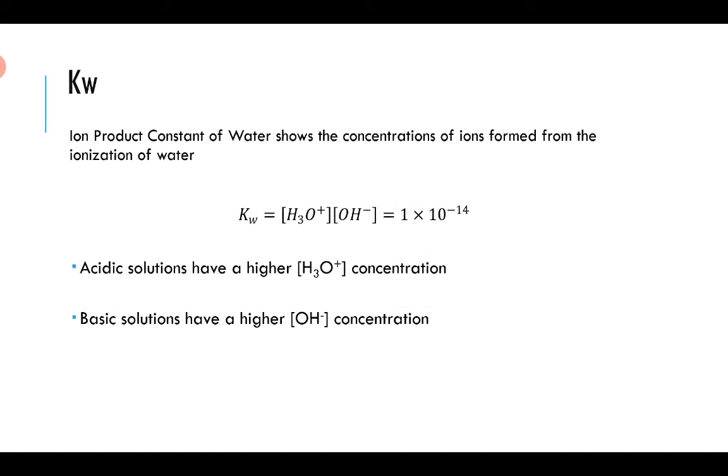In the last chapter, we did talk about Kw, which is the ion product constant of water. If we write out an equation of water reacting with water in an acid-base reaction, if this is an acid, it's a proton donor.